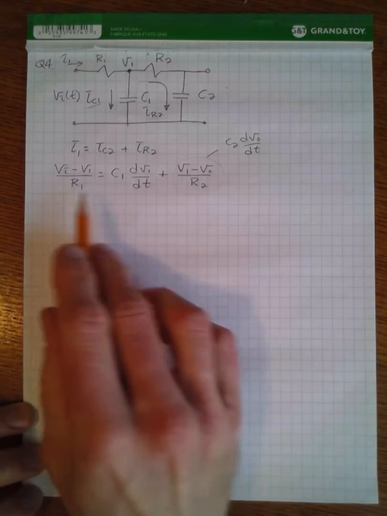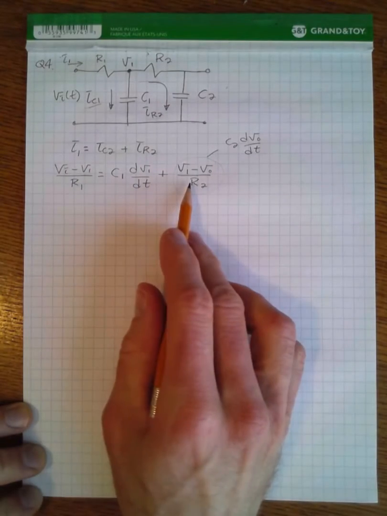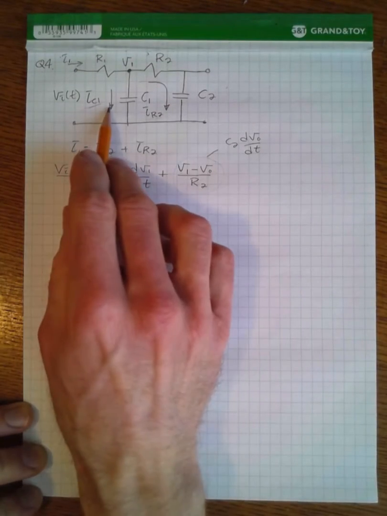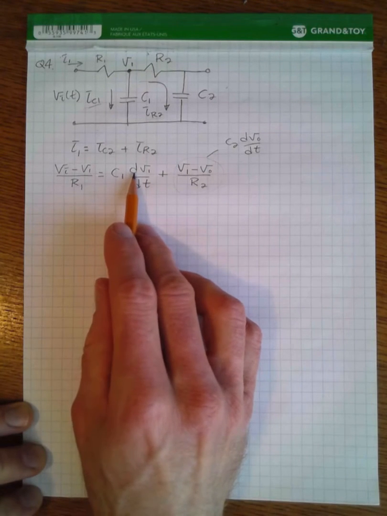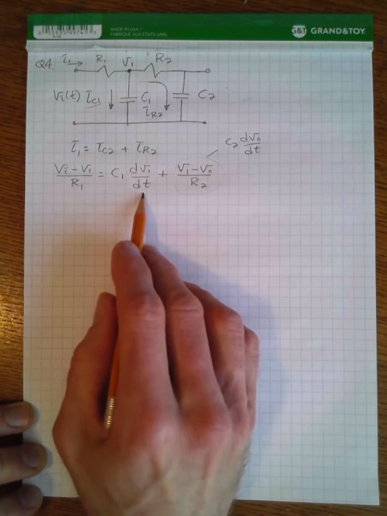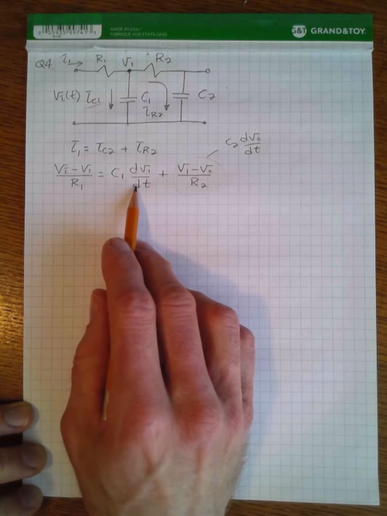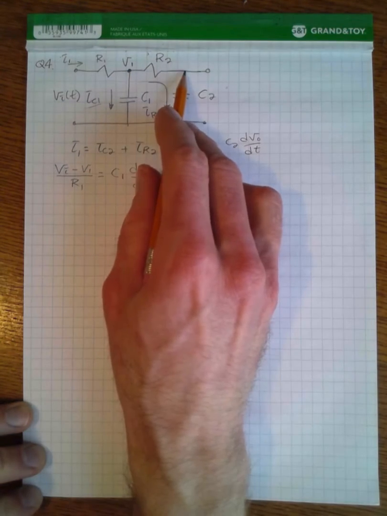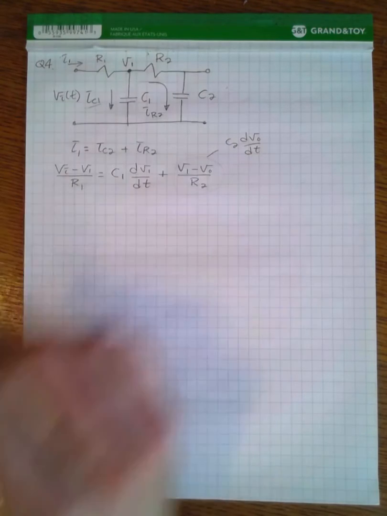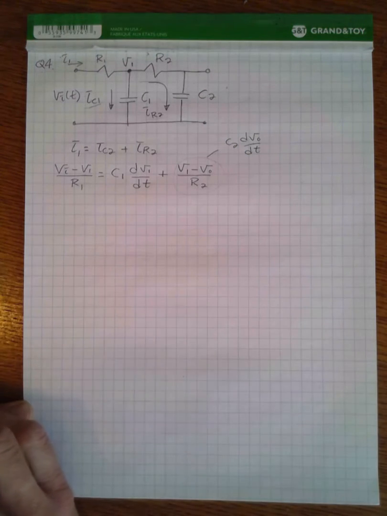However, a few people set up their equation this way, and then they said the current through capacitor C1 was equal to C1 times the derivative of the output voltage. And that was not correct, right? Because the voltage here is obviously not the same as the voltage at that point. So I took some marks off for that.